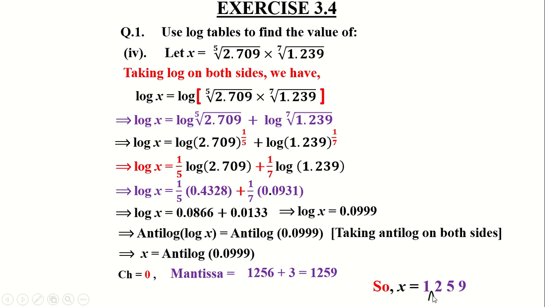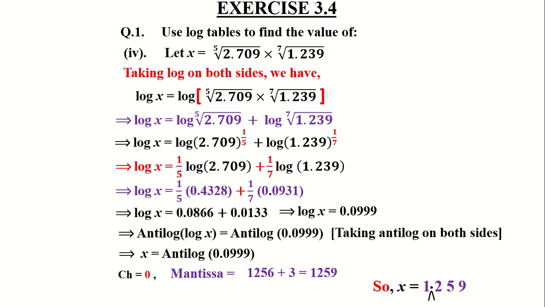The characteristic is 0, so we will place the decimal point here. If it were 1, we would consider the decimal point here. If it were 2, we would consider the decimal point here. As it is 0, the decimal point will be placed on the reference position, and this is the answer.